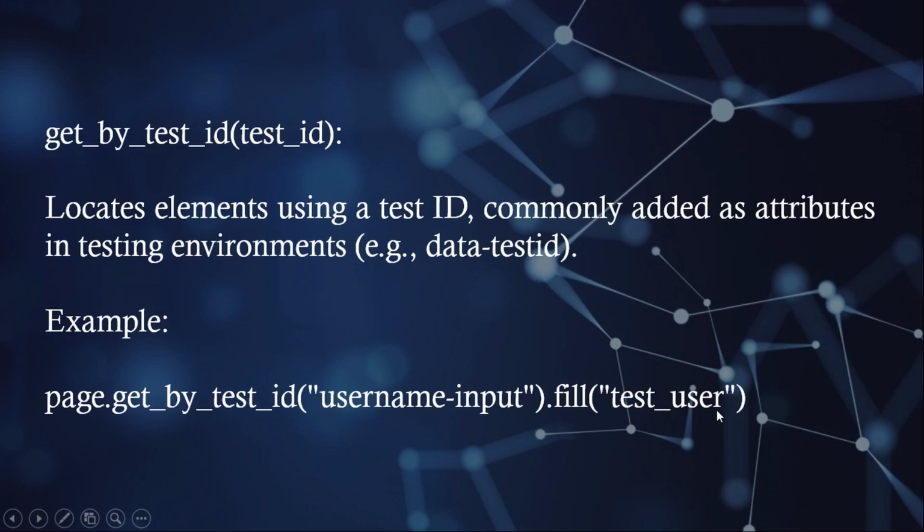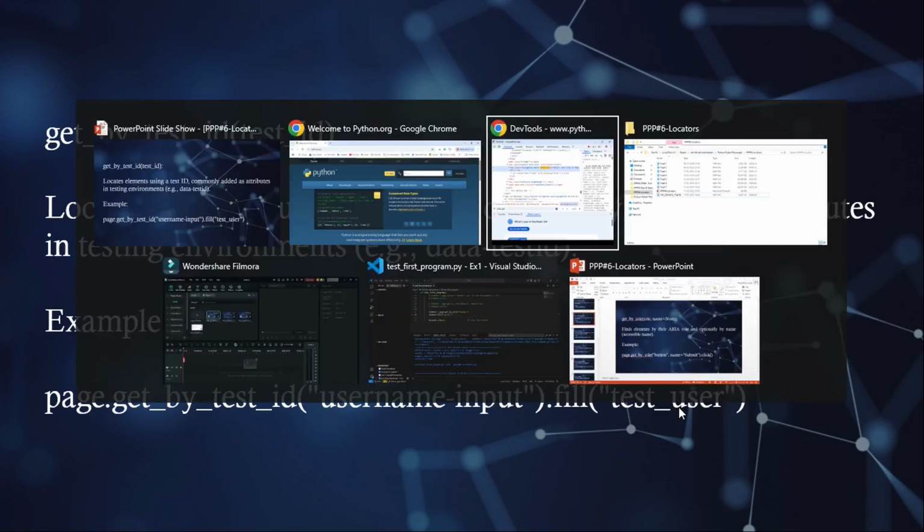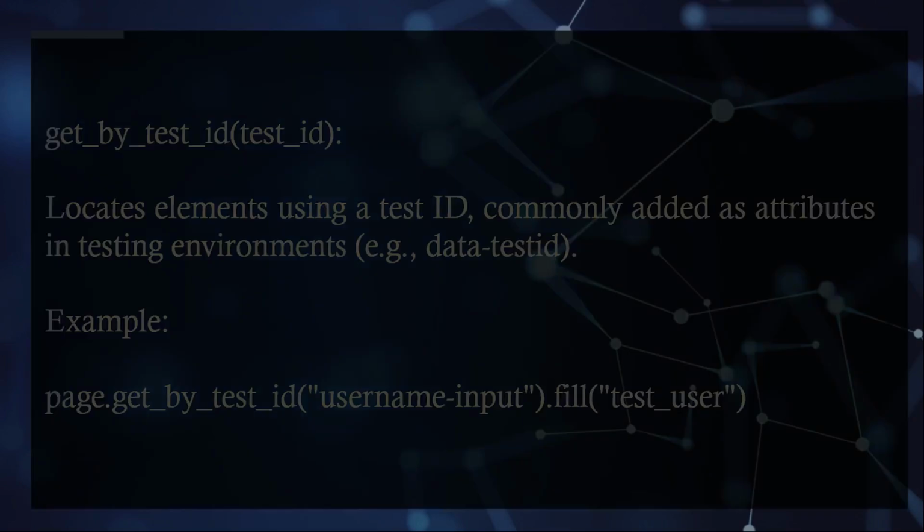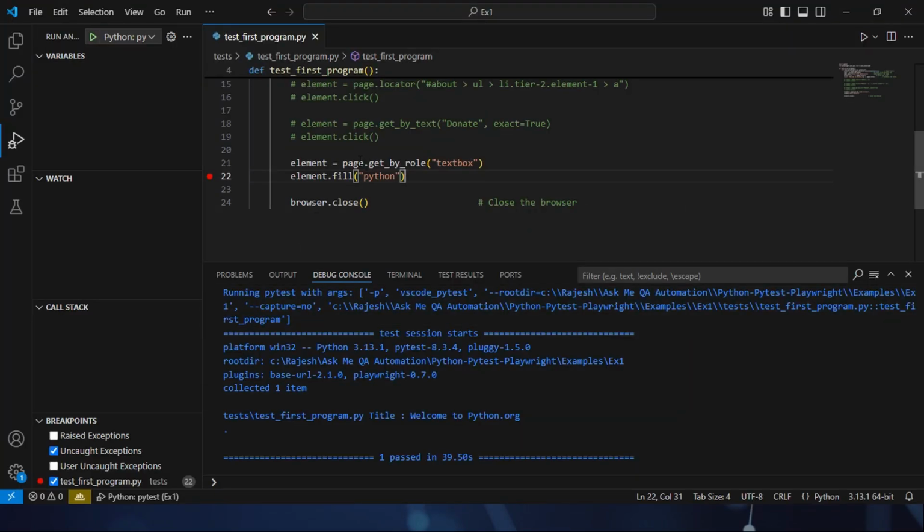So in our examples, I have shown you two lines. If you see here, everywhere I have used two lines, right? These lines we can combine, instead of assigning the value to the element and on the next line element.click.